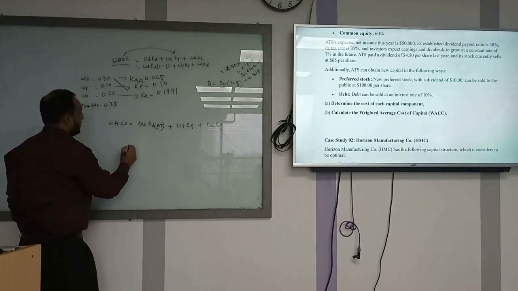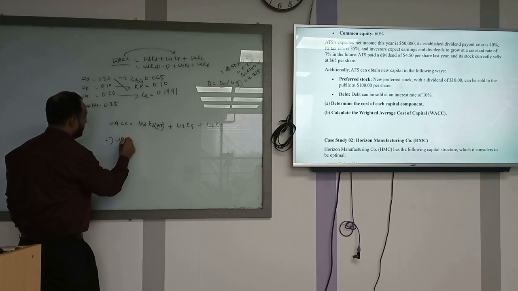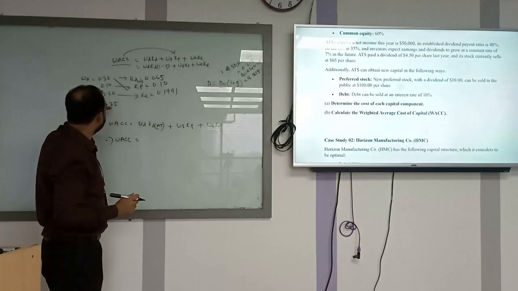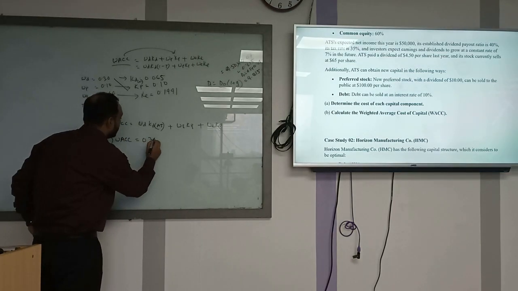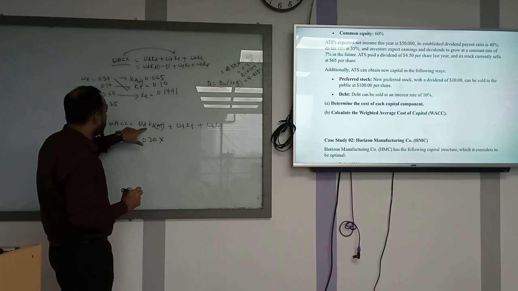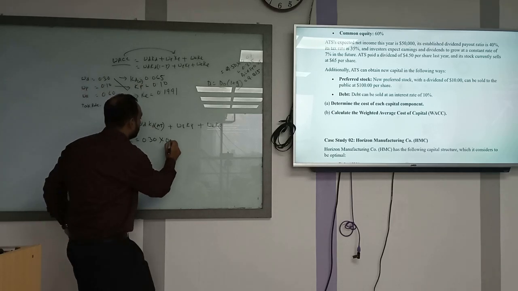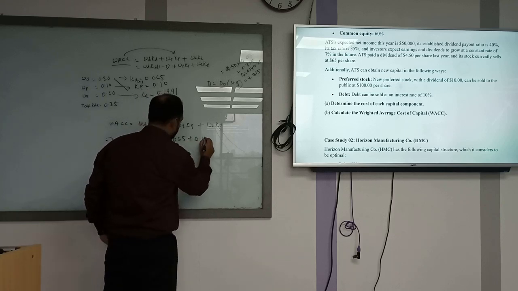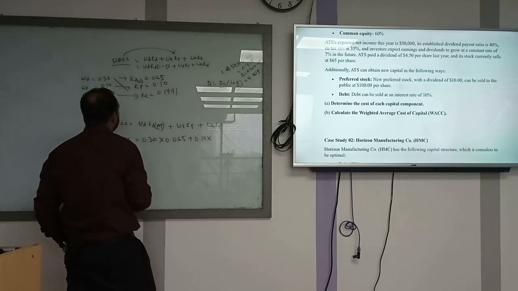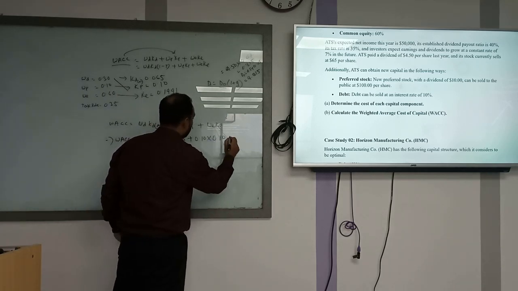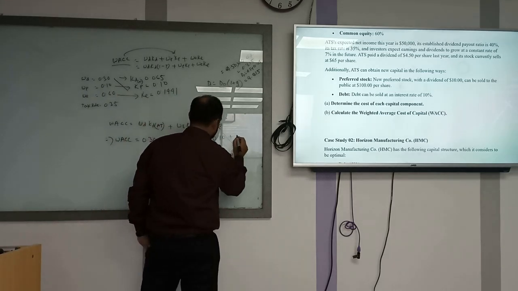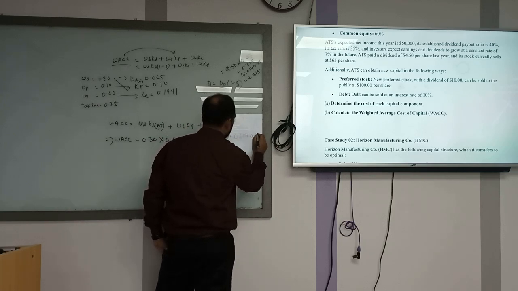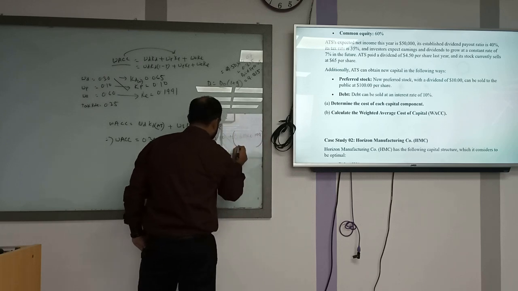So WACC: what is Wd? Given. Wd is 0.30 into Kd after tax 0.065, plus Wp 0.10 multiplied by Kp, plus We 0.60 multiplied by Ke 0.1441. Right.